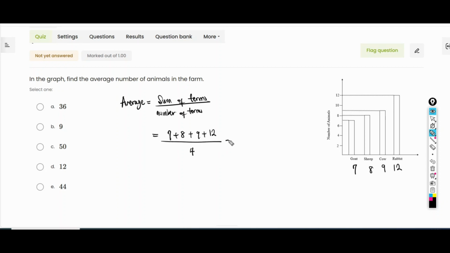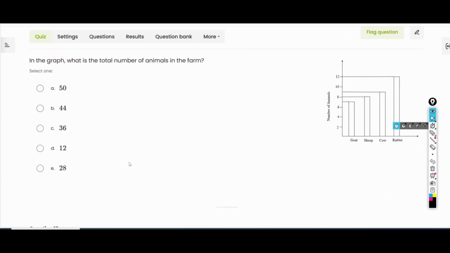So the sum on top would be 7 plus 8 is 15, plus 9 plus 12 is 21. So that would be 36 over 4. It gives you 9. So the average number of animals is 9. Or on average, there are 9 animals. There are 9 of each kind of animals, yes.